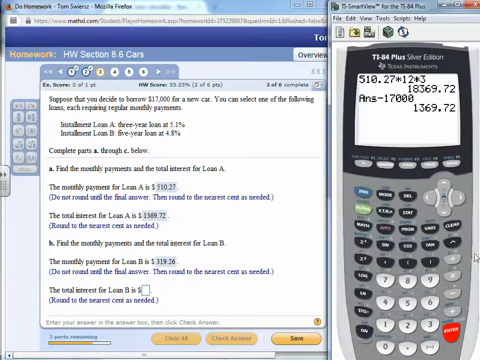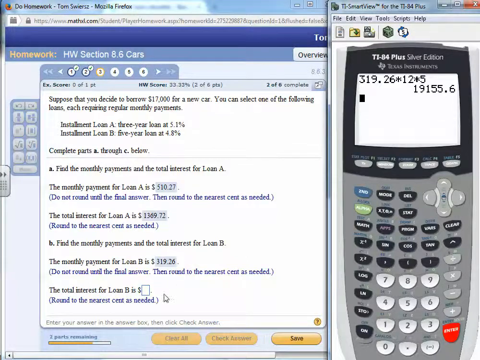Again, we take the monthly payment, 319.26. We multiply it by 12 because we have to pay it 12 times a year, and in this case we multiply by 5, the number of years. We get a total of $19,155.60.